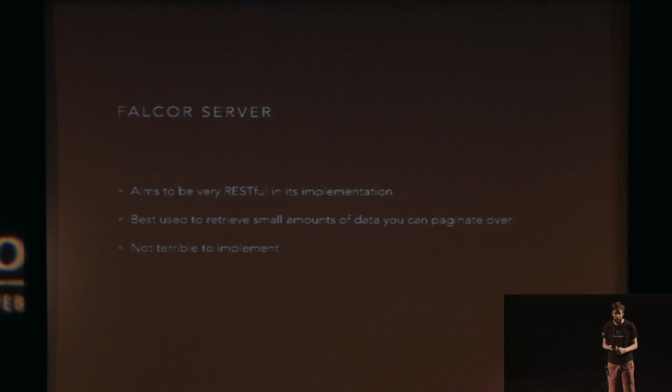It's very RESTful. It's meant to work with a RESTful type API where things are being get, put, deleted, right? Those kind of CRUD operations. It's not to say that Falcor can't handle other kind of things, but that's what it's certainly optimized to do, okay? So it's best to use to retrieve small bits of data at a time.